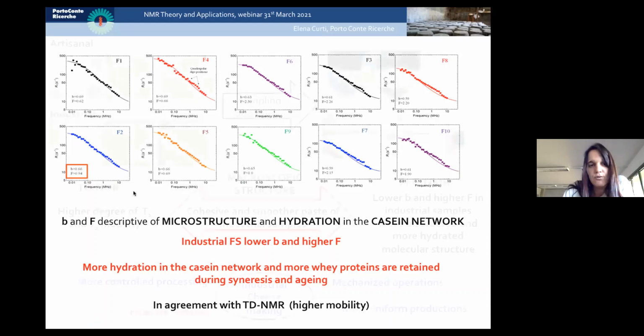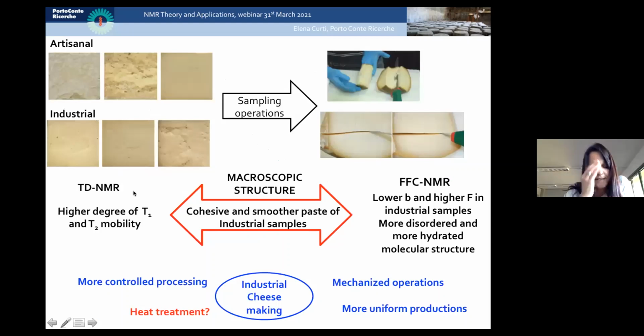Again, I would like to highlight what Roberto was saying before. If we look at the structure, at what we see when we open a cheese, these groups of cheese are different. The artisanal ones are very crumbly and they don't cut easily, while the industrial ones give more precise slices and cut more easily.